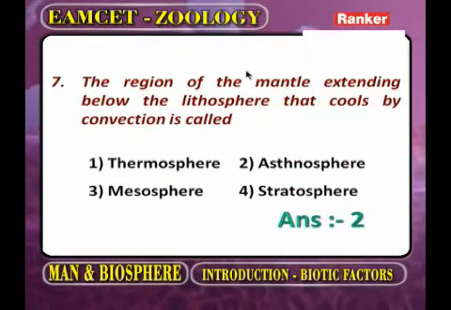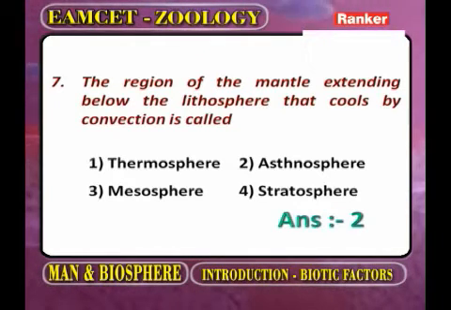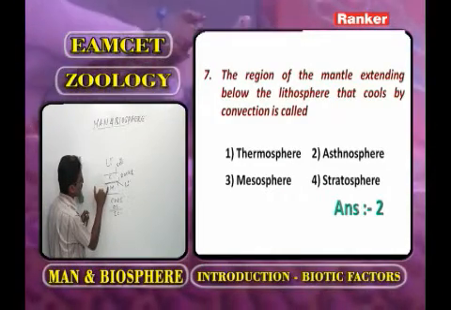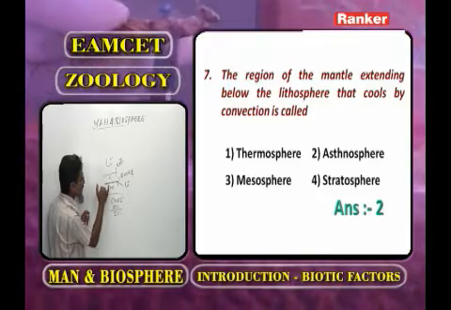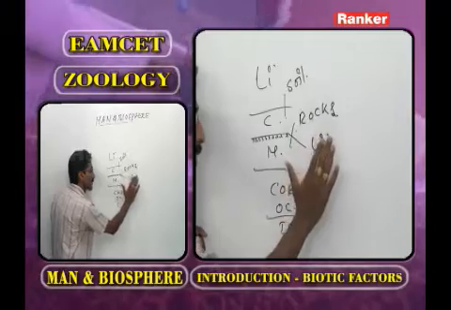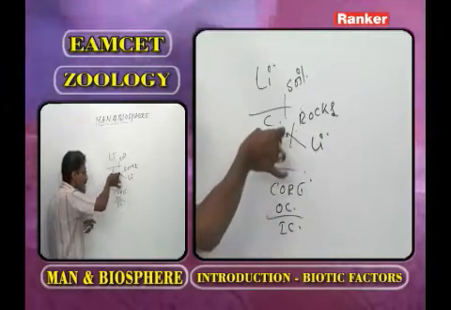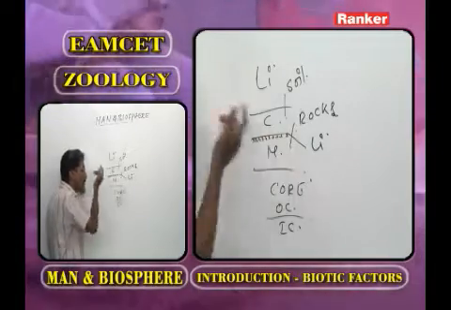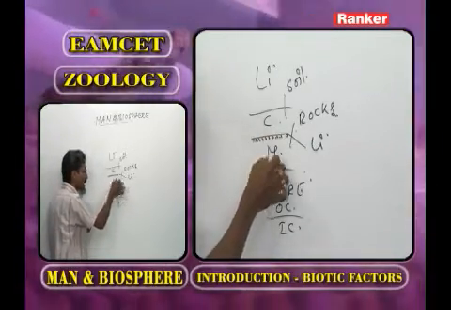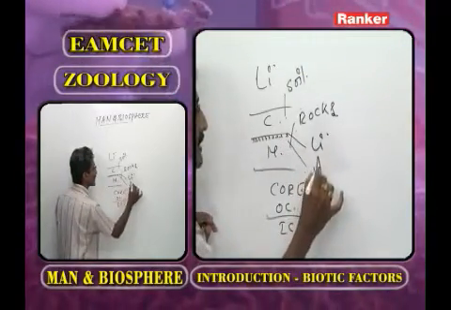The region of mantle extending below lithosphere that cools by convection. Now here, this one we call mantle. The upper layers of mantle in association with crust, we call lithosphere. The lithosphere is formed by a process called conduction, we already discussed. And the part of mantle that follows the lithosphere, we call asthenosphere.